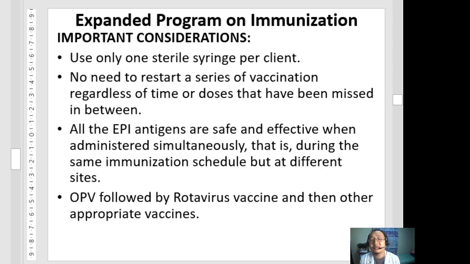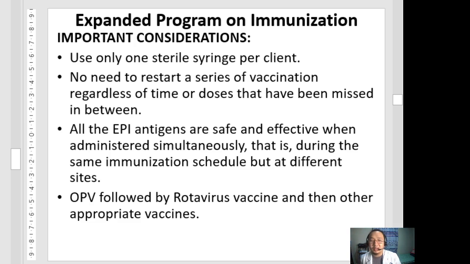Moreover, if the site is of the same limb, the sites should be at least an inch apart, 2.5 to 5 centimeters apart. But the farther the better. So again, if you're going to use the same limb, for example the same right thigh, give some allowance.